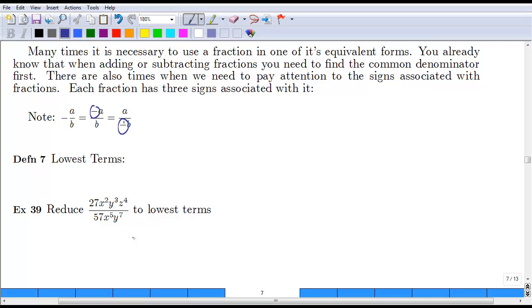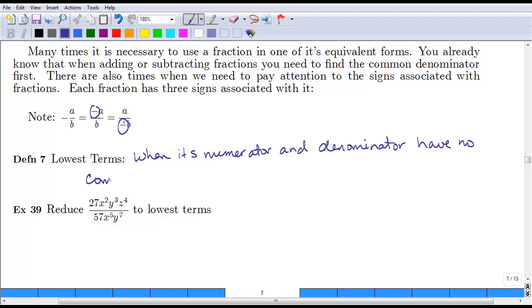The other thing that we need to keep in mind is what we refer to as lowest terms, and so this is what I was referring to when I said we reduce fractions. A fraction is considered to be in lowest terms when its numerator and denominator have no common factors other than 1, because everything has a common factor of 1.